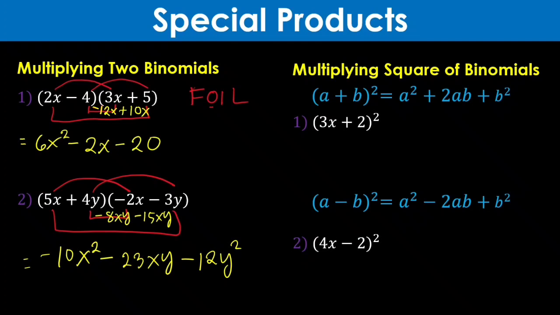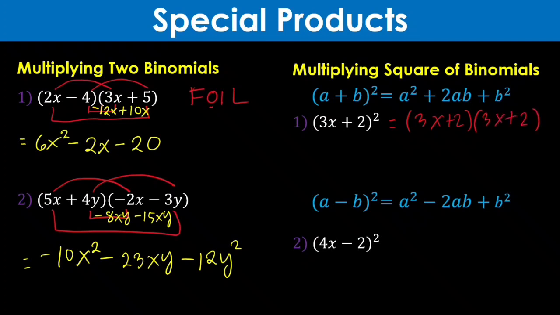Okay, let's move now to the square of binomials. We can also perform it using this FOIL method by simply expanding this square into this form. You have 3x plus 2 and 3x plus 2.